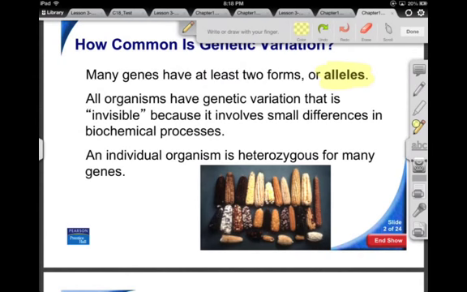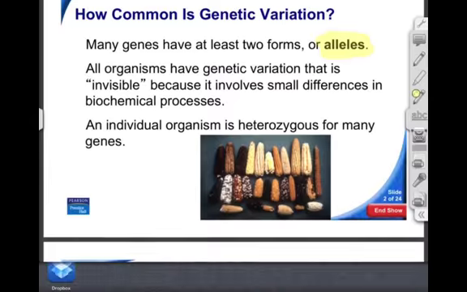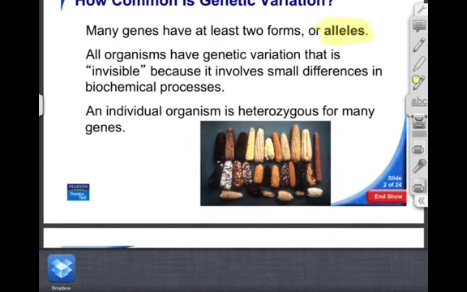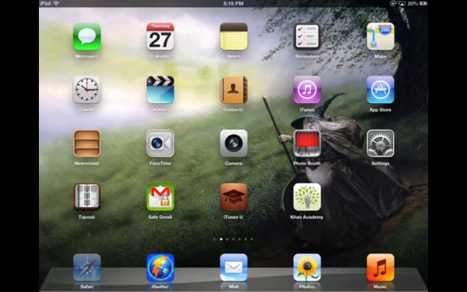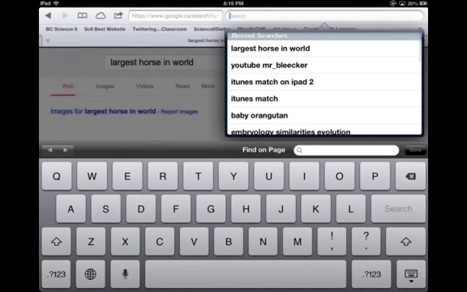And the one that I like to point out the most, as far as two forms of alleles, are common things. Like hitchhiker thumbs and straight thumbs. Great example.